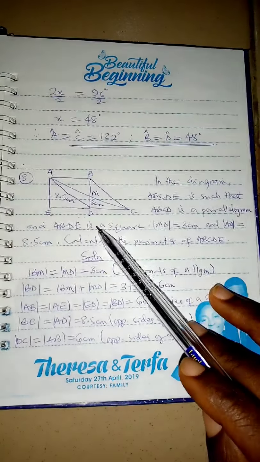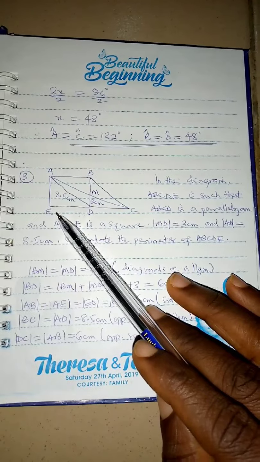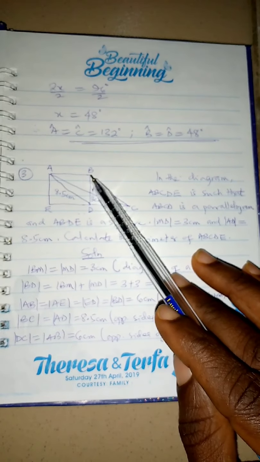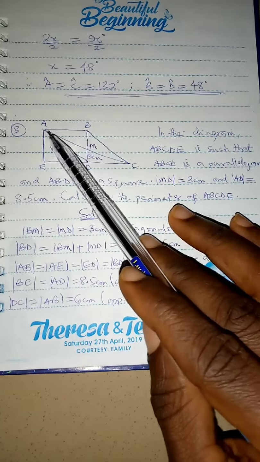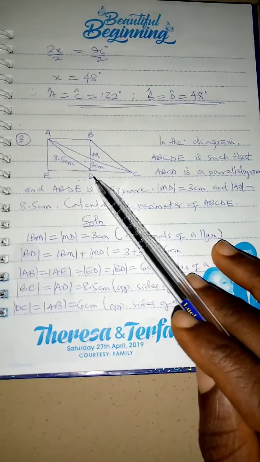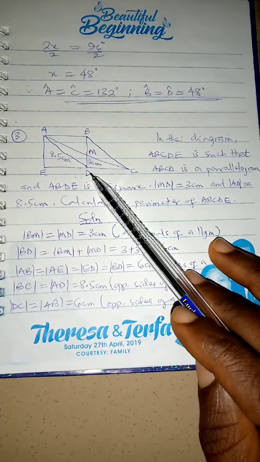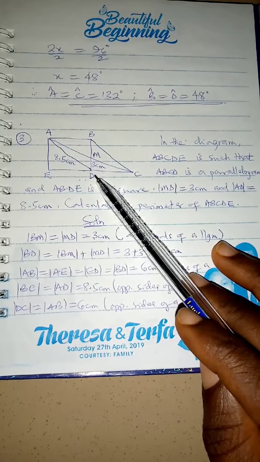Then since BD is 6 cm and ABDE is a square, AB will be 6 cm, AE will be 6 cm, ED will be 6 cm. Why? When you go to a square, all the four sides are equal.